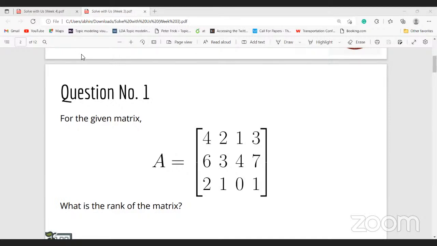Any other answer other than 2? I think this was a trivial question. No issues in this. You just have to do row reduction to get the answer. One of the rows will become completely 0, so the rank will be 2. The computation is completely your own; in whatever way you do it, one of the rows will become 0, and the rank becomes 2.